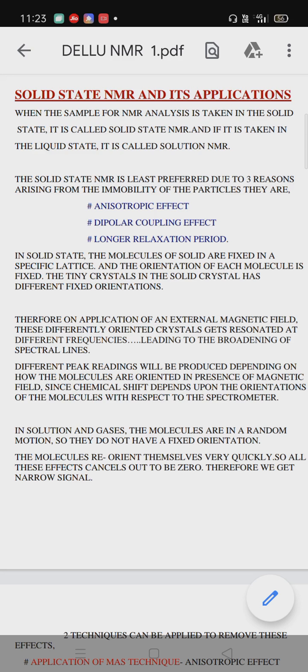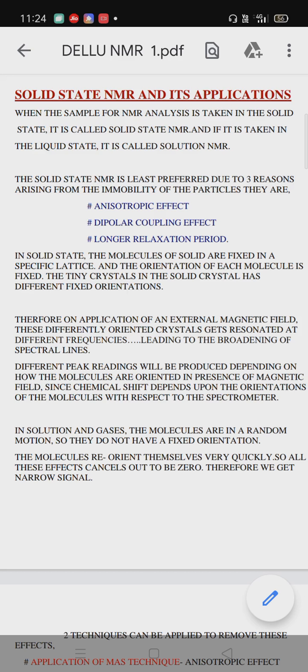We all know that these three effects can influence the chemical shift and therefore the delta values. The influence of these effects is pronounced in solid state because in solid the tiny crystals are fixed in specific lattice and these crystals can have different possible orientations, and the orientation of a specific tiny crystal is fixed.